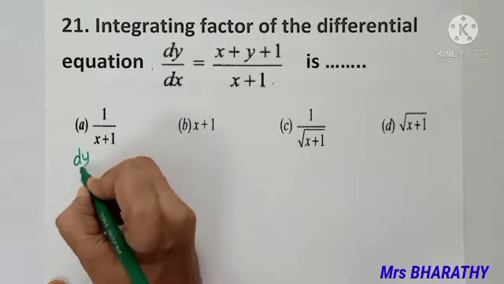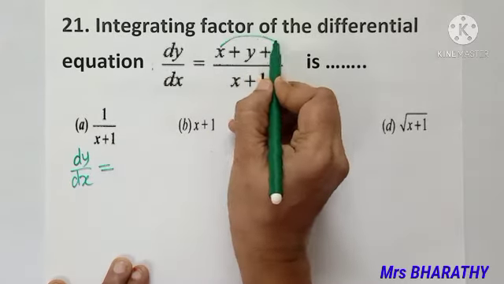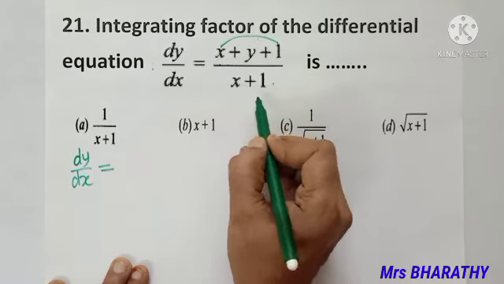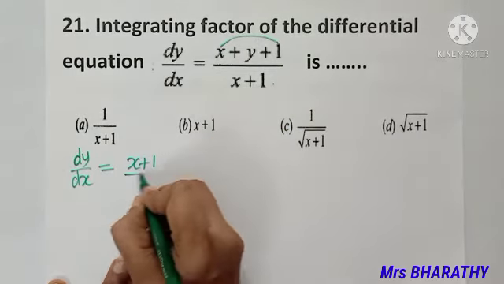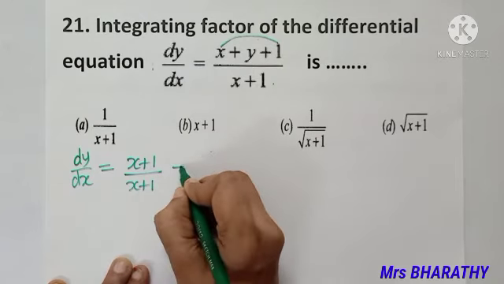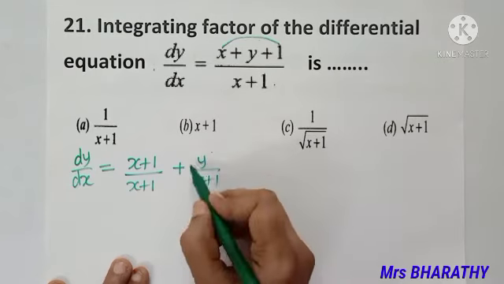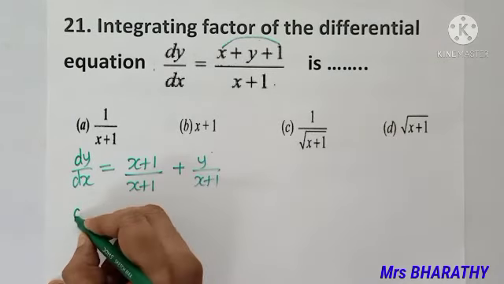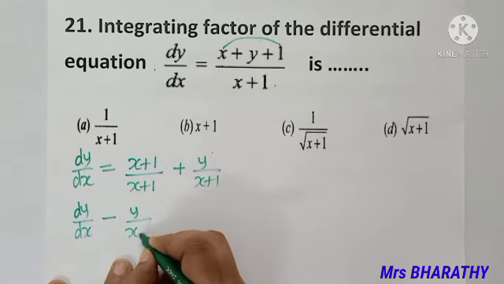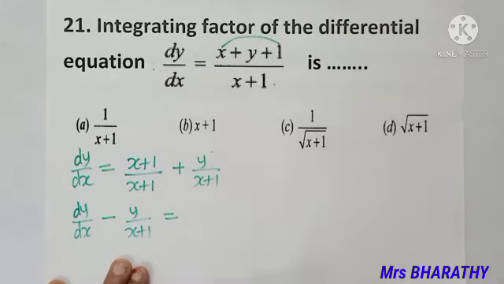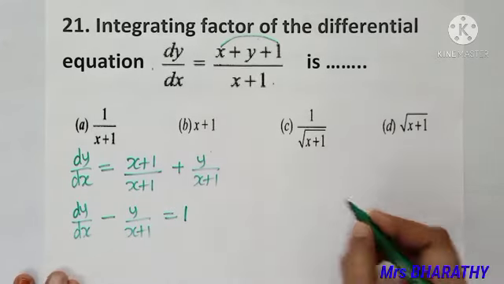So rearranging the equation, dy by dx equals x plus 1 divided by x plus 1, plus y by x plus 1. Bringing this y term to the left, it is dy by dx minus y by x plus 1 equals x plus 1 cancels, which is 1.